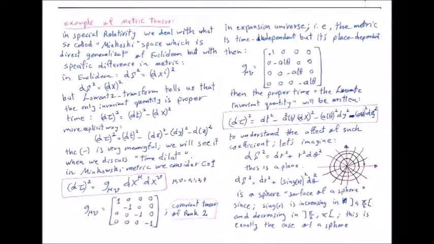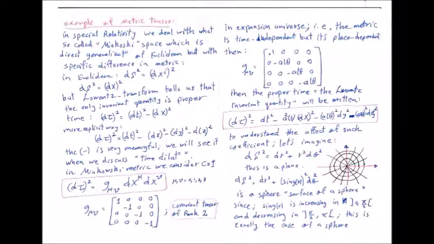This metric tensor is in Minkowski space, which is Euclidean-like, I mean it's a boring static space. But what happens in the actual universe, the expanding universe? Let's take a metric that is time independent but place dependent.